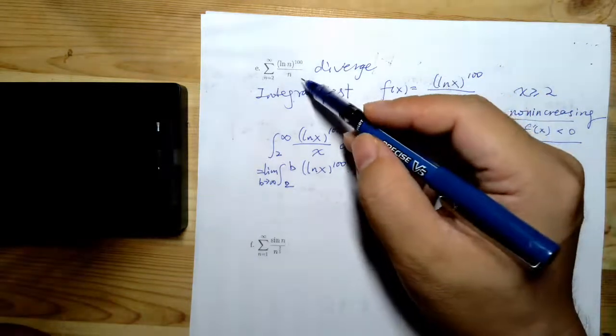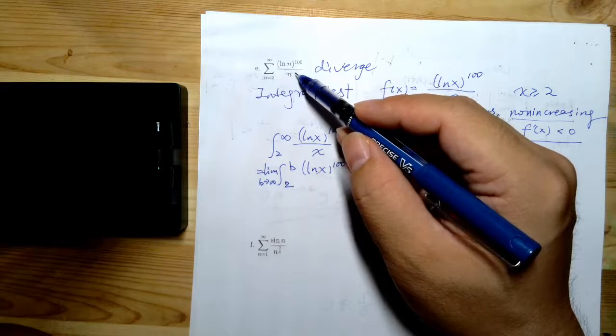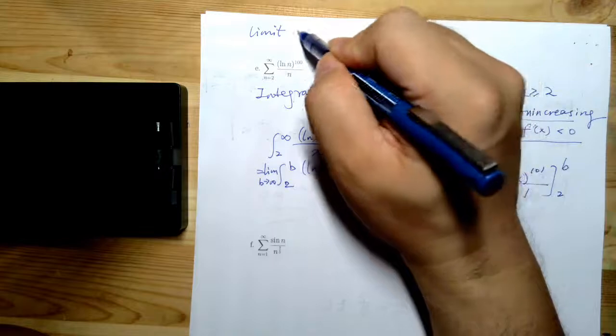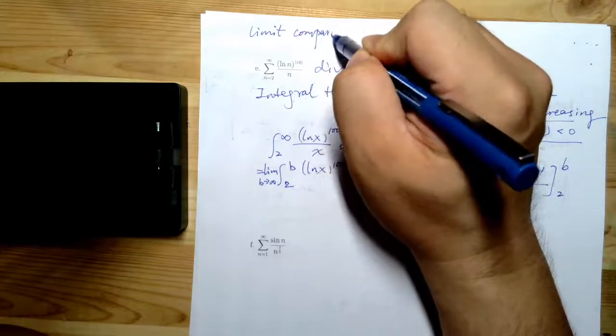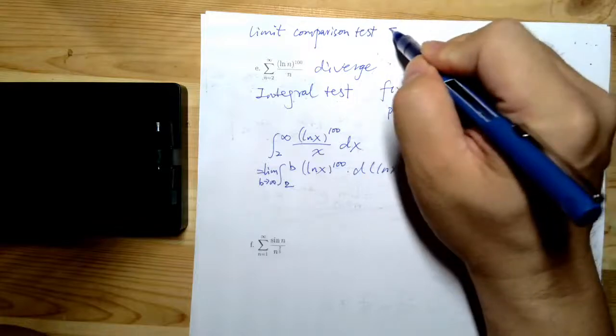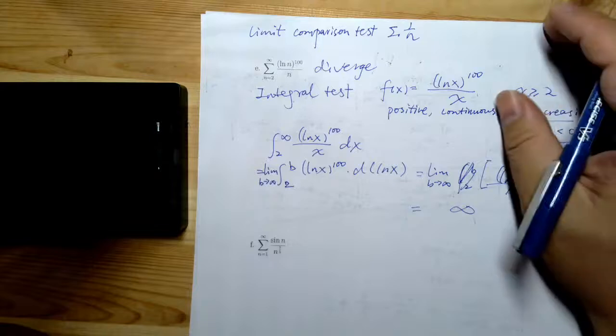The other way to think about this is you can make a limit comparison. So here, you can do the limit comparison test. Let the comparing test series be 1 over n here, the harmonic series.